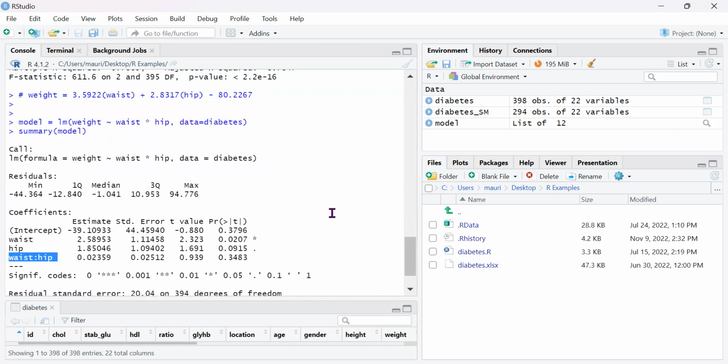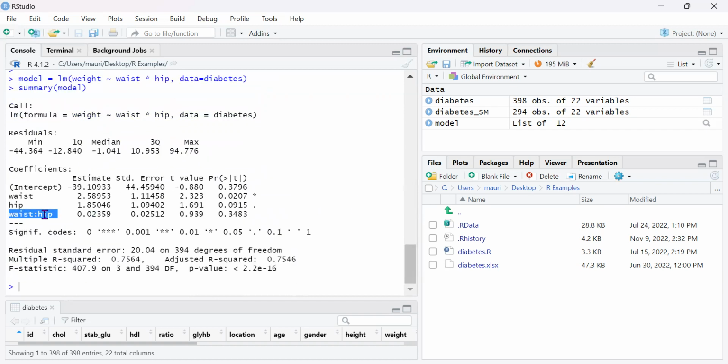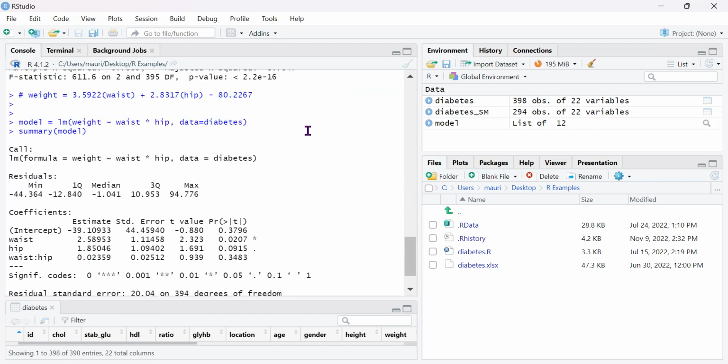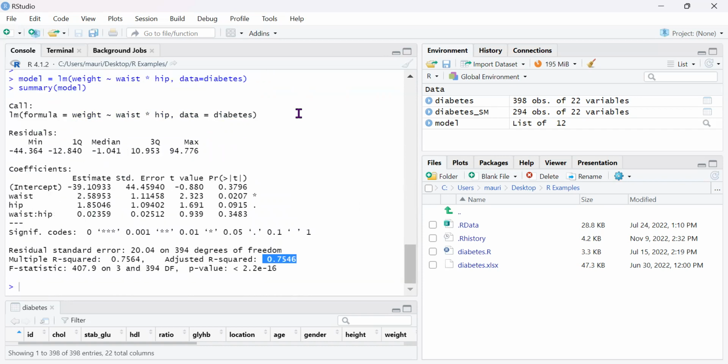Now you realize that this additional coefficient pulls the value from the waist and the hip coefficients. So it's not that significant and it defeats the purpose as well. The R-square value still remains the same. In fact, it drops a little bit.